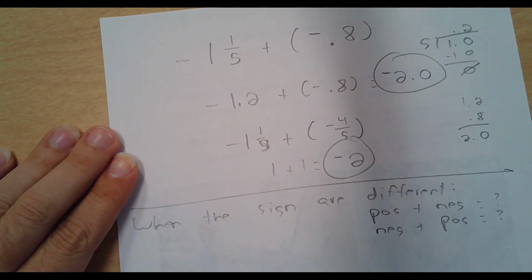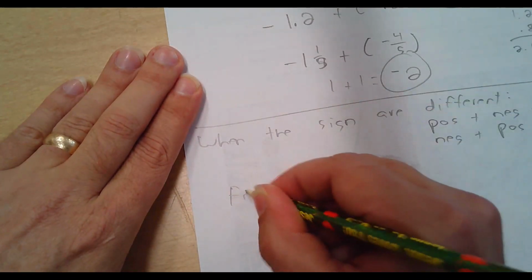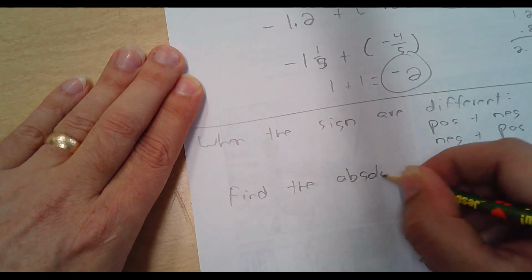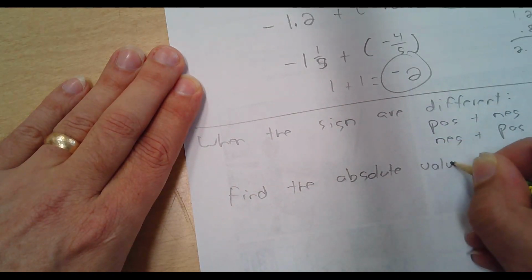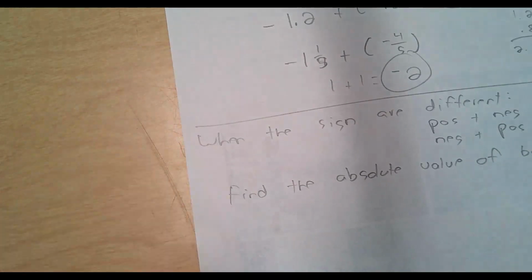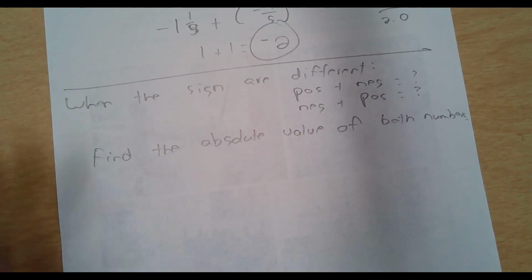But when the signs are different, what we do is find the absolute value of both numbers. Okay? Find the absolute value of both numbers.